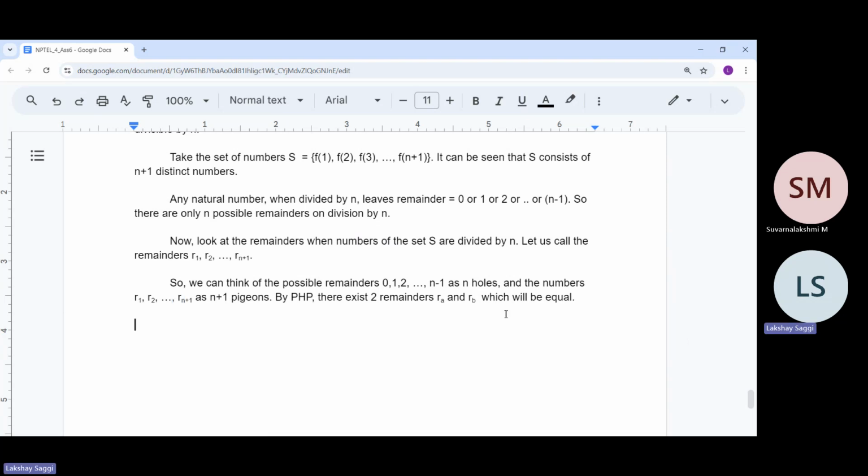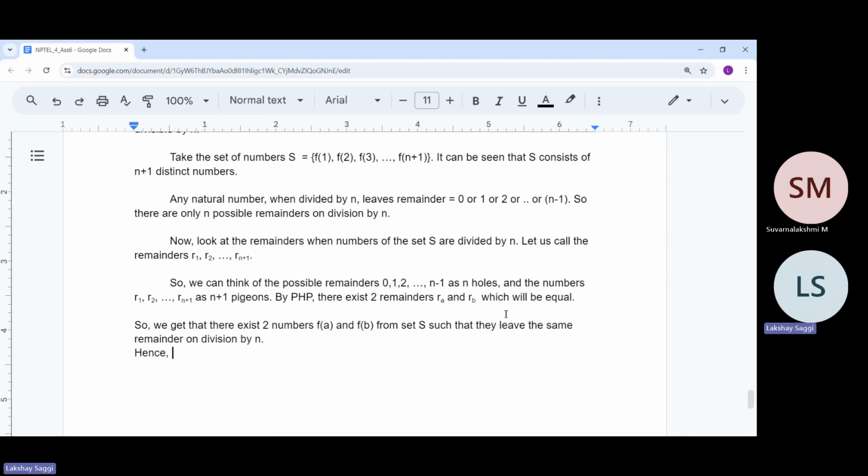So what this actually means is that there exist two numbers, FA and FB, from set S, such that they leave the same remainder on division by n.